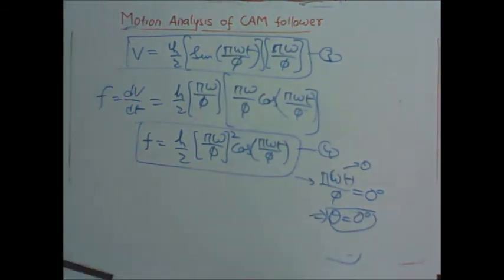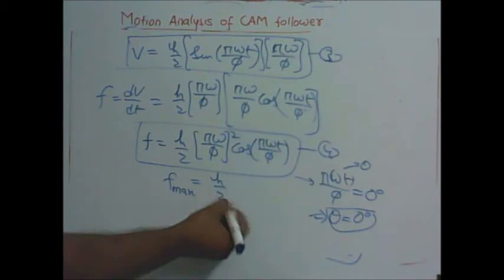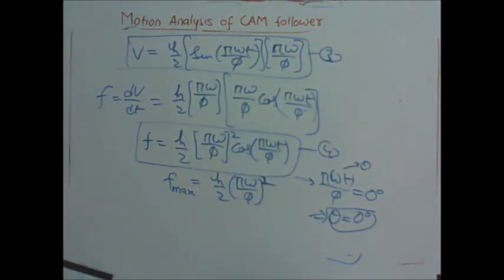That means at the start of motion, or at the start of rise, we will get maximum acceleration. So what is the F max? It is h by 2 into pi omega by phi whole square. So this is the F max we get, at theta equal to 0 or omega t equal to 0.